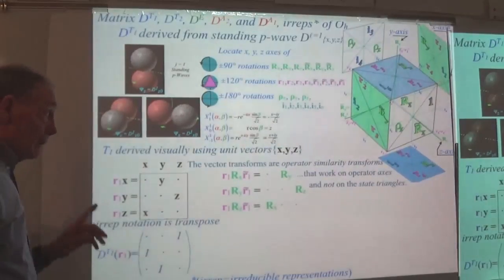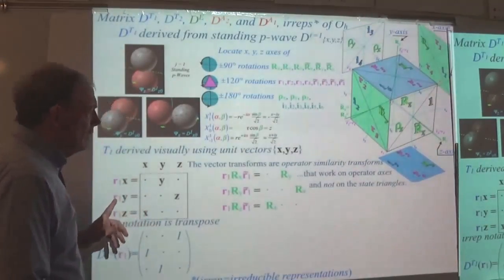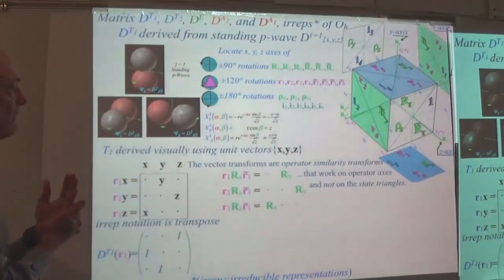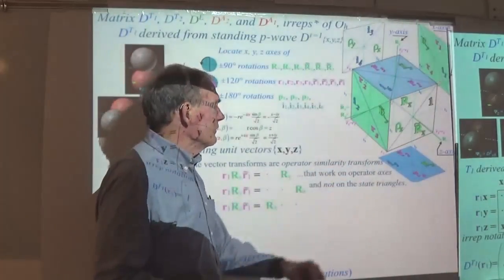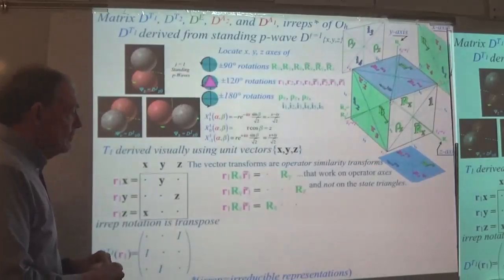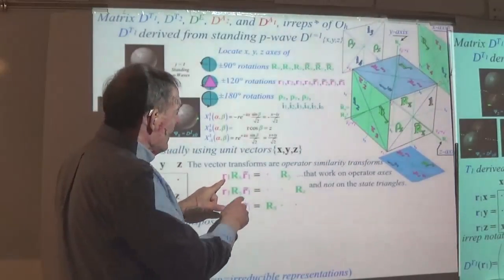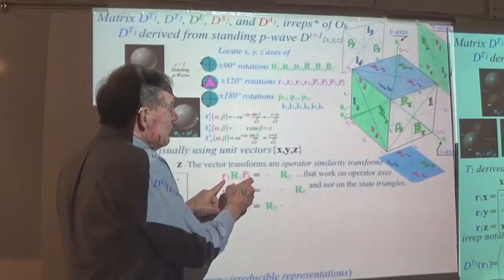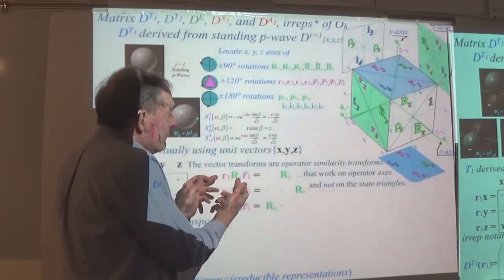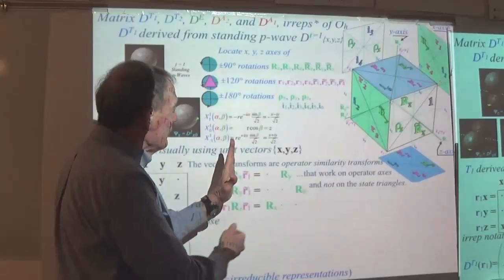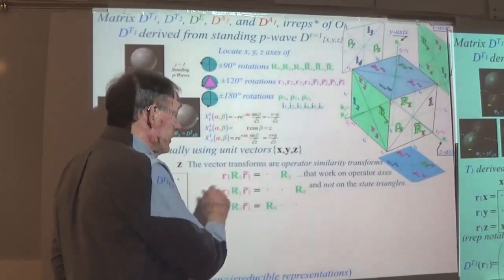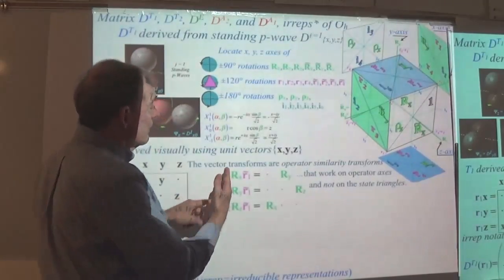Now, what kind of operation are we talking about here? This isn't just multiplying two group operators. This is a similarity transform. What we're doing here is applying that operator R1 to Rx, sure, but you'd better do the other side, because this is an operator. It's got a bunch of bras in there that need to be rotated too, the other way, inversely, than the ones that are for the ket.